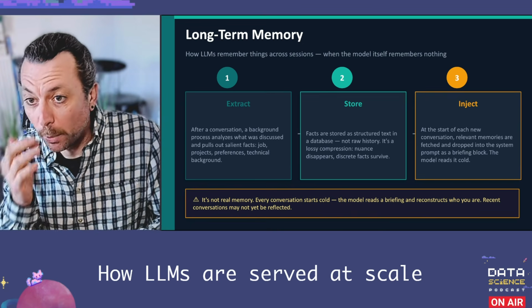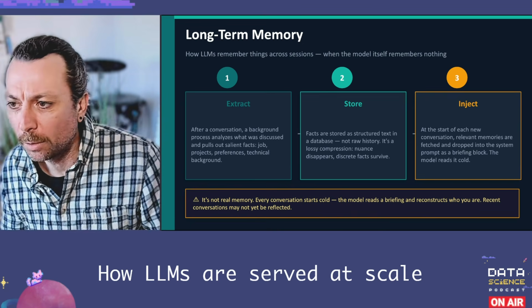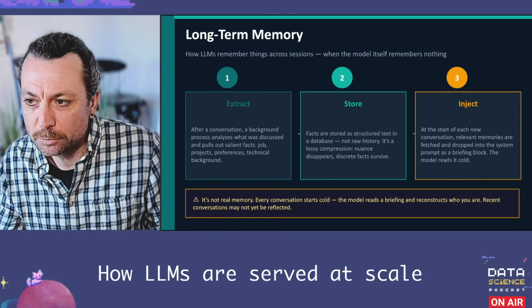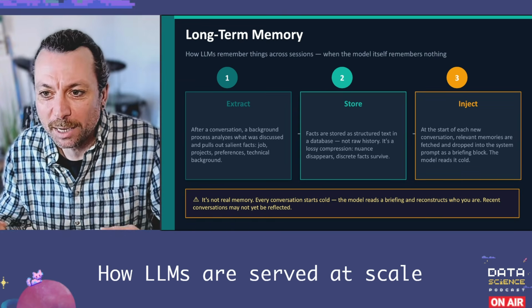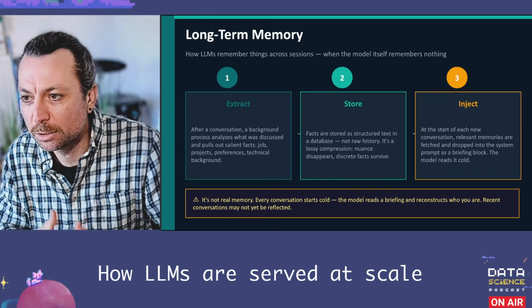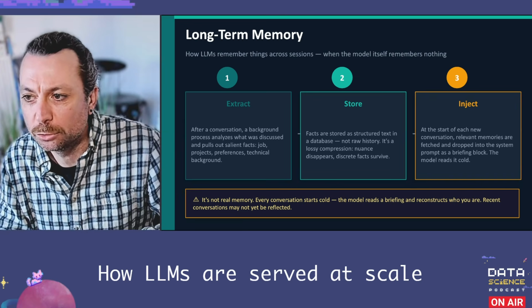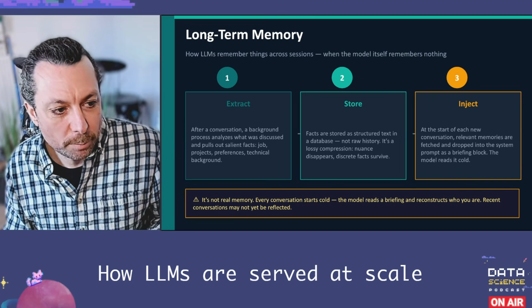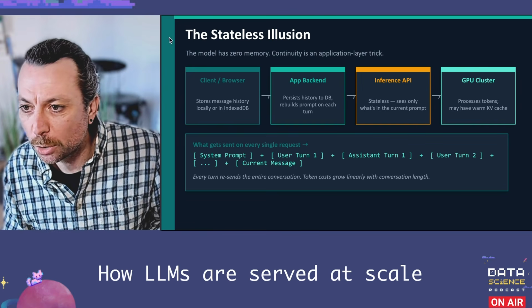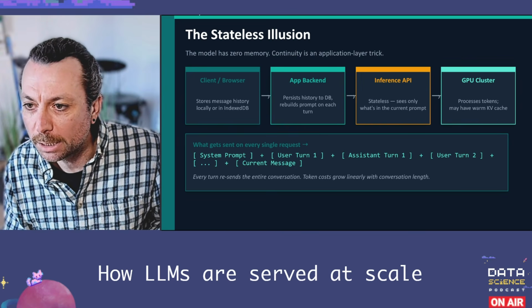Now, how do I use these things? Well, it's very simple. At the start of each new conversation, these so-called salient facts are simply fetched from the database, and they are literally dropped into the system prompt. Remember the thing that I showed you here, the system prompt at the beginning.